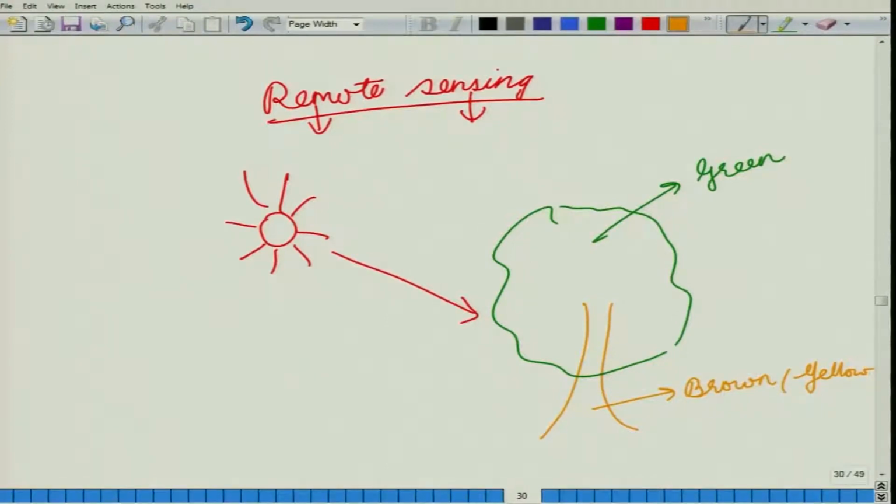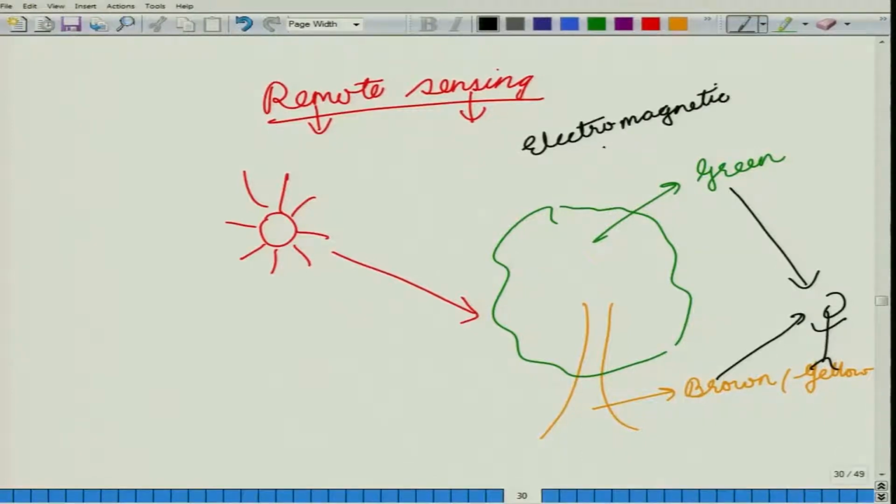And we have an observer who is standing somewhere and is able to see this green color as well as the brown color. So, he is using this electromagnetic spectrum to get some knowledge about this tree, that is, its canopy is very different from its stem. This is knowledge that he is getting out of these electromagnetic radiations while he is standing at a distance from the tree. So, he is not in physical contact with the tree. So, that is remote sensing.